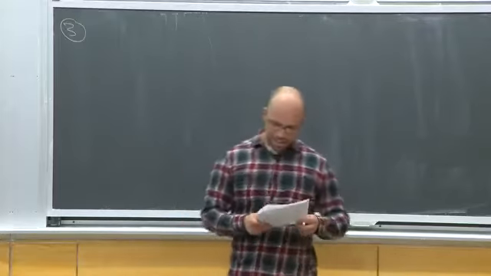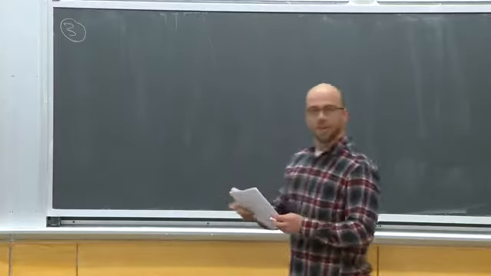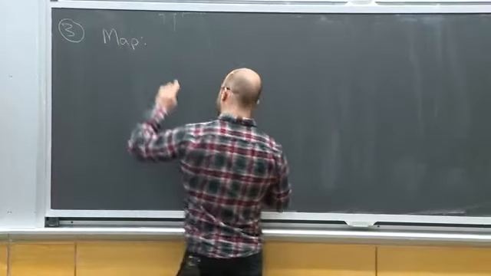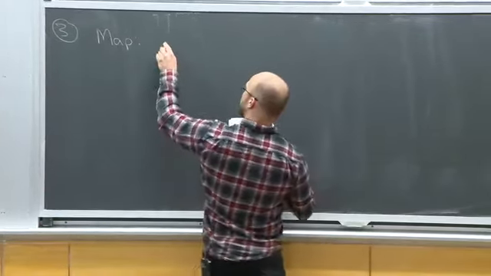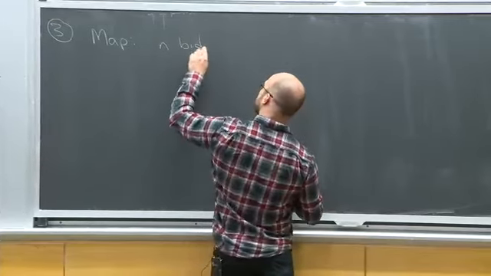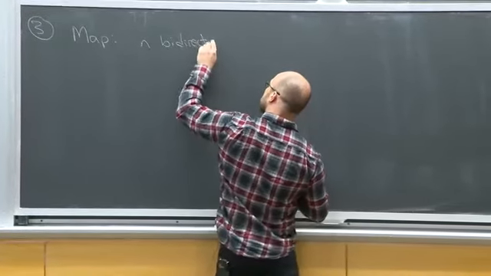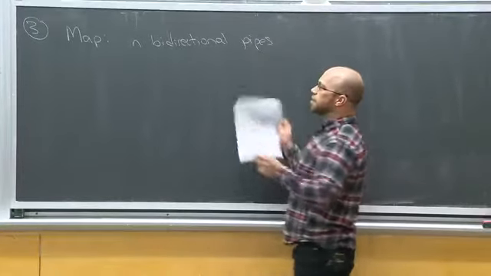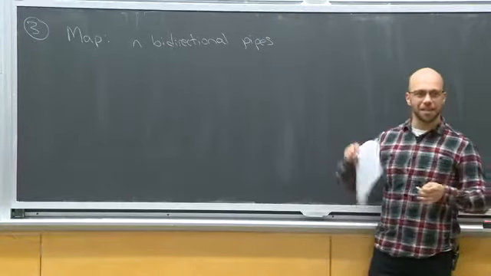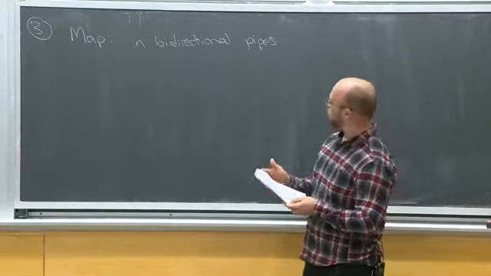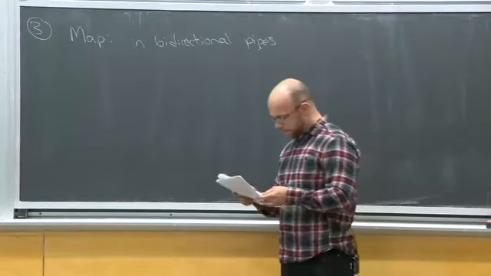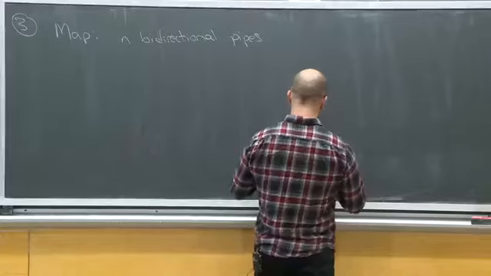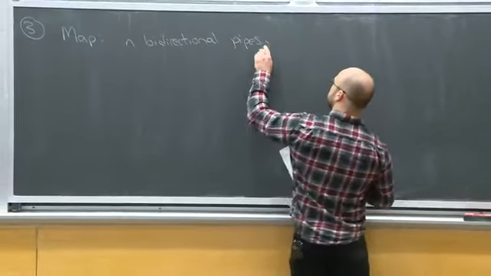But in any event, what I'm given is a map, and this thing has n bidirectional pipes. I'm not going to write it down, but the problem tells you that they're all connected. You can get from your source to your target moving through the pipes, and they're connected at junctions.